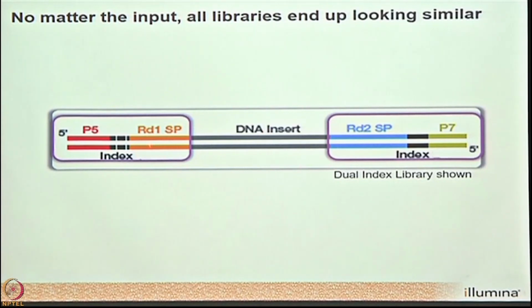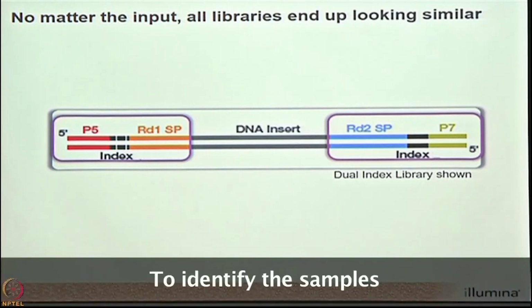All right, here you can see there are two regions. Here our read1 sequencing primer will bind. So this is called the read1 sequencing primer binding site. Flanking both ends are indices. What are indices? These are barcodes. So what is the function of a barcode?